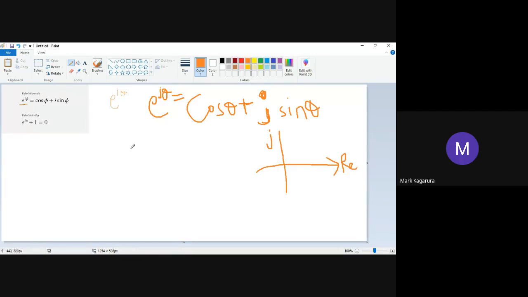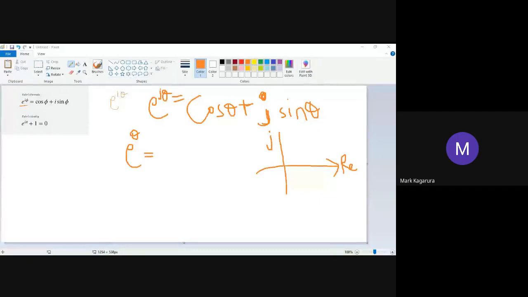And then similar to this, you have e^θ without the j, which will be equal to, I don't know if you can guess, but you can multiply it through by j, and then you'd have e^θ in terms of sines and cosines.